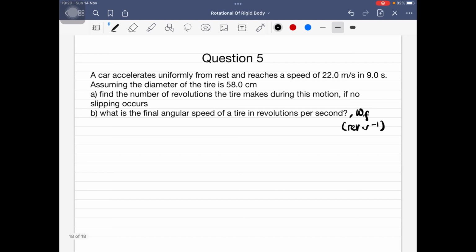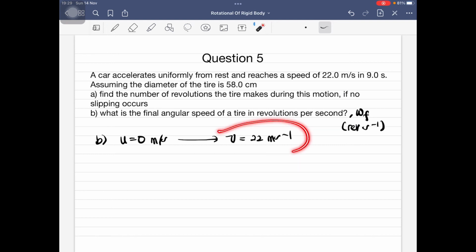Baik, tadi kita dapati bahawa kita punya initial u is 0 meter per second, and then kita punya v, your final speed, is equal to 22 meter per second. Alright, so this v, your final speed tadi sebenarnya kita boleh tukarkan dia kepada omega final, and the equation that relates these two is v is equal to r omega final.